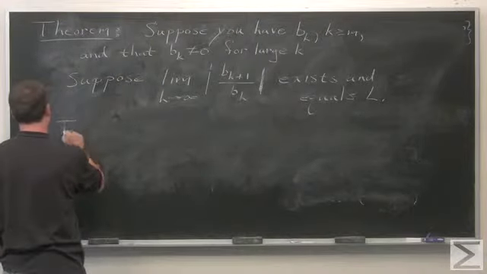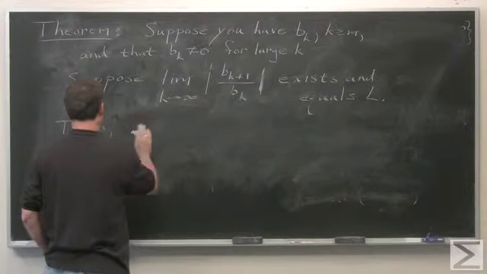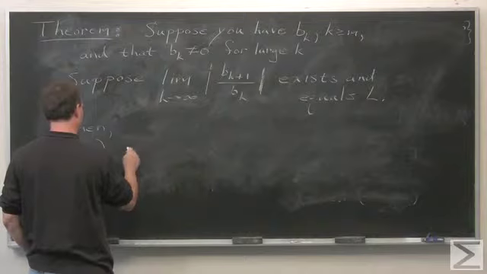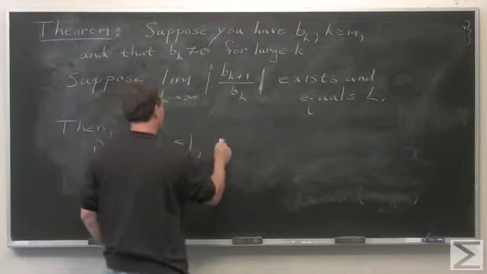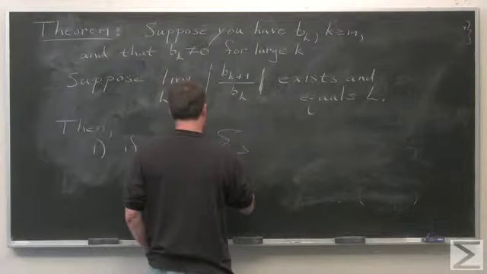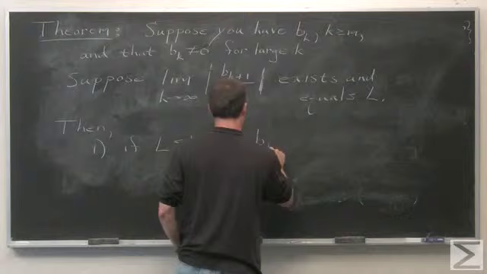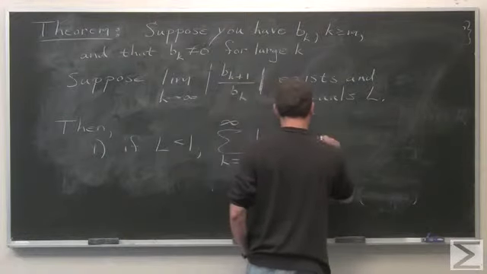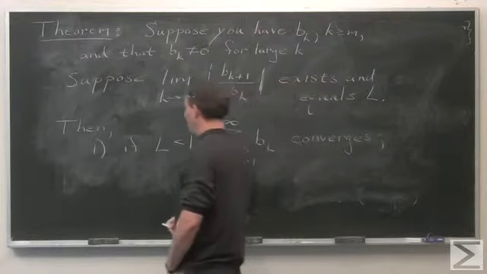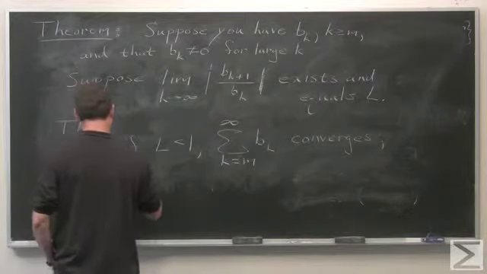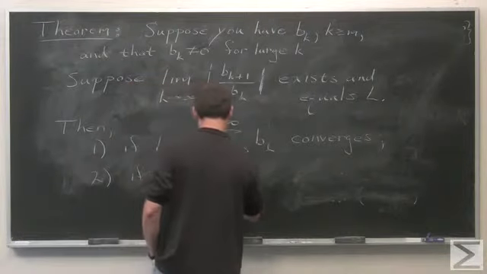Then there are cases. Then if L is less than 1, the series, k goes from m to infinity of bk, converges. If L is greater than 1, the series diverges.